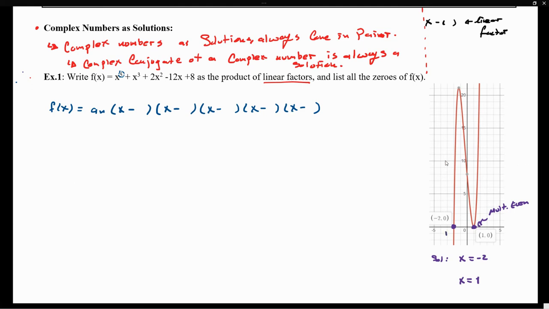In x equals -2, notice that here we have an odd multiplicity. So either 1 or 3, that's about it, because the highest that it can go is 5. So what we know so far is that we have 5 solutions, and the solution of 1 has an even multiplicity, and the solution of -2 has an odd multiplicity.